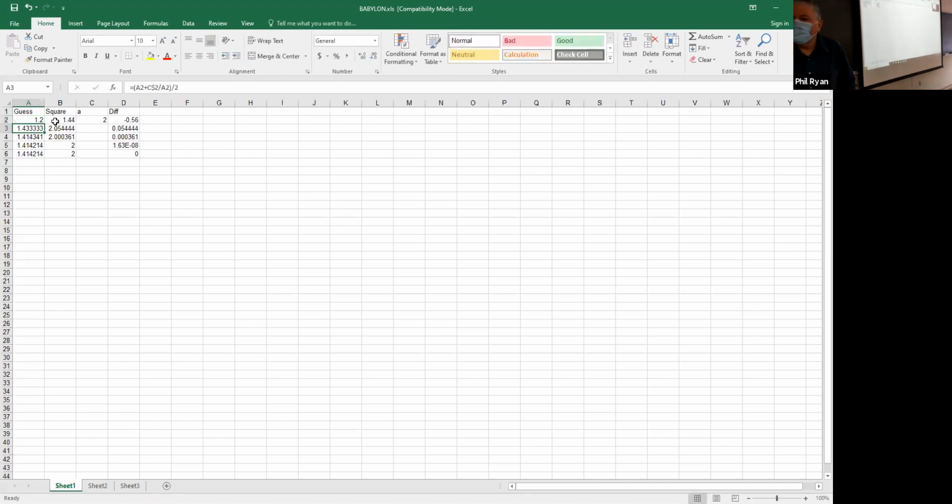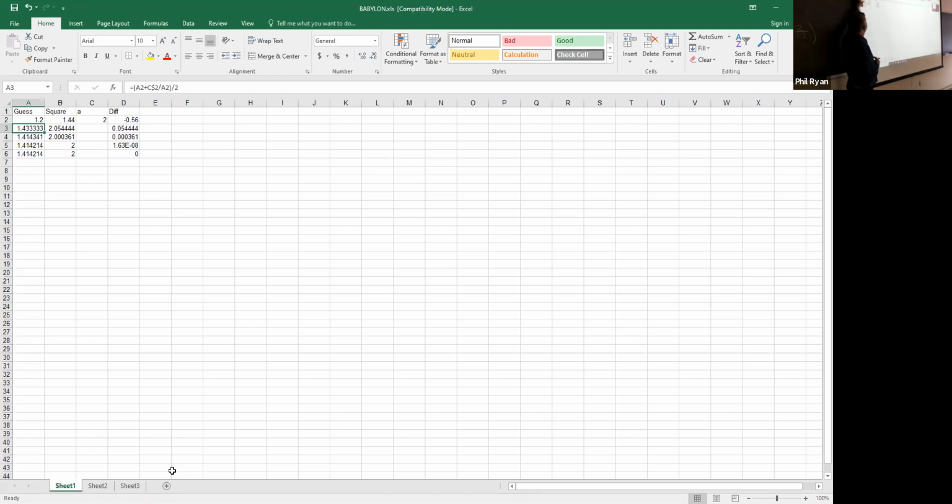Let's start off with 1.2. So 1.2, if we square it, we get 1.44. So actually it wasn't that good. But when we take the average of 1.2 and 2 divided by 1.2, we get 1.4333, whose square is 2.05.